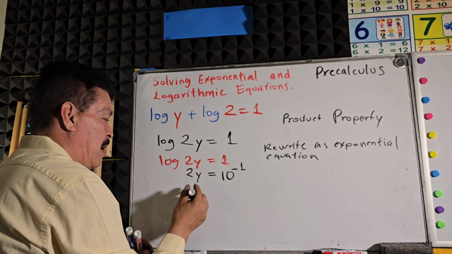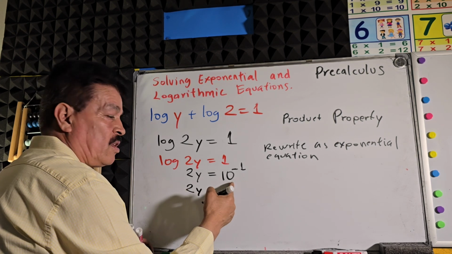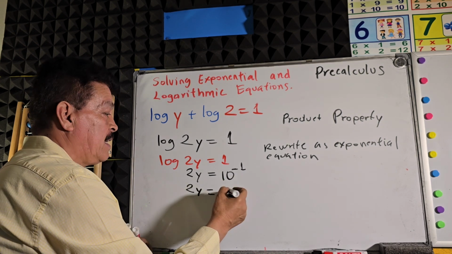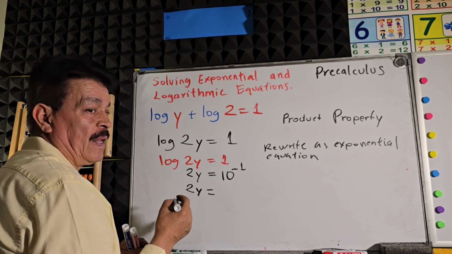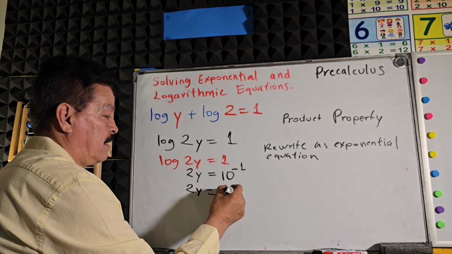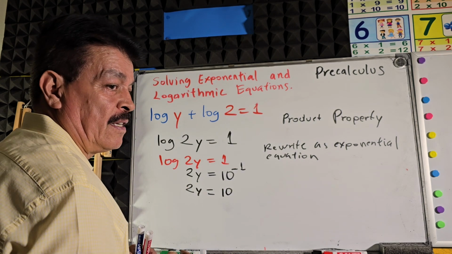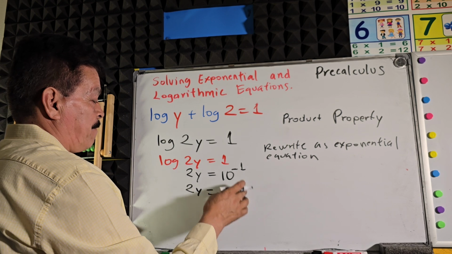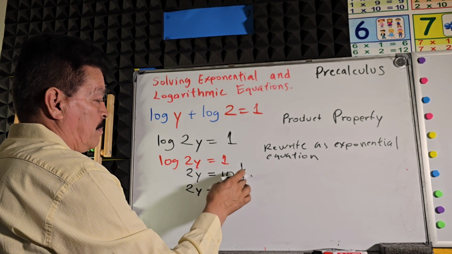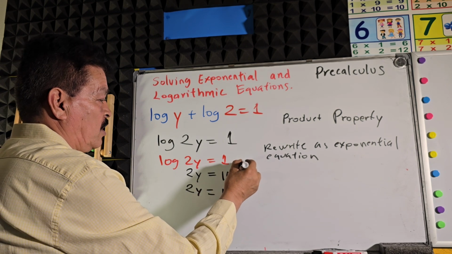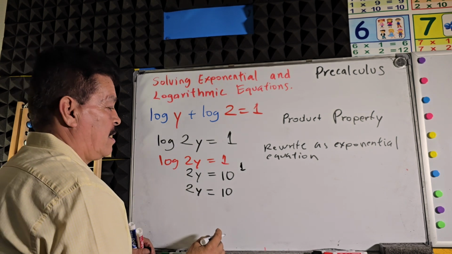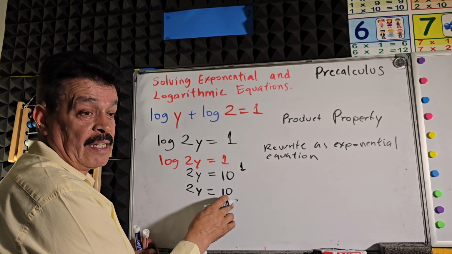So 2y equals 10, since the exponent 1 gives the same number.